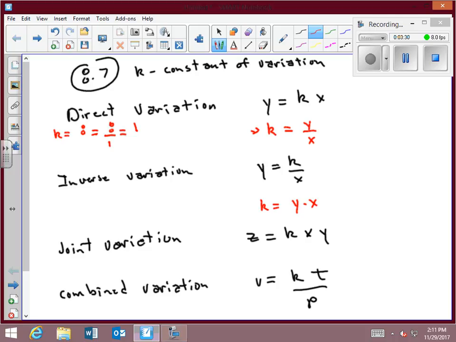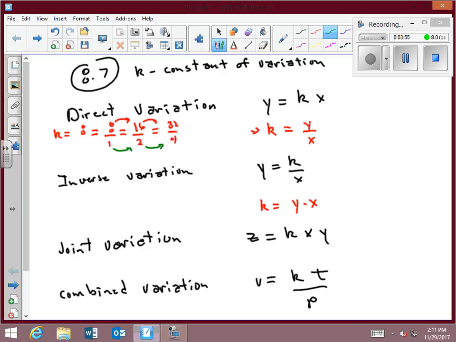If y is 16, x has to be 2. If y is 32, x has to be 4. Now notice, as this one increases, this increases. They're direct. One goes up, the other one goes up.